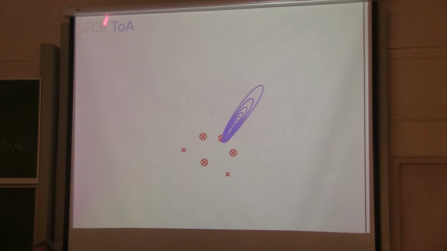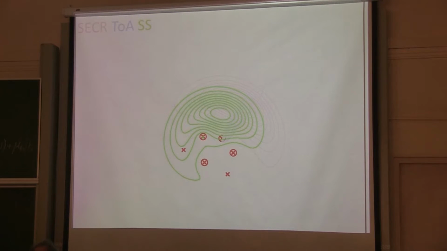If instead we use the start time of the calls, we get a kind of triangulation piece of information, which is actually far more accurate, telling us where the frog is likely to occur. And we can also use the signal strength or the amplitude, how loud the call is on each one of these microphones. And that also gives us a probability distribution function.